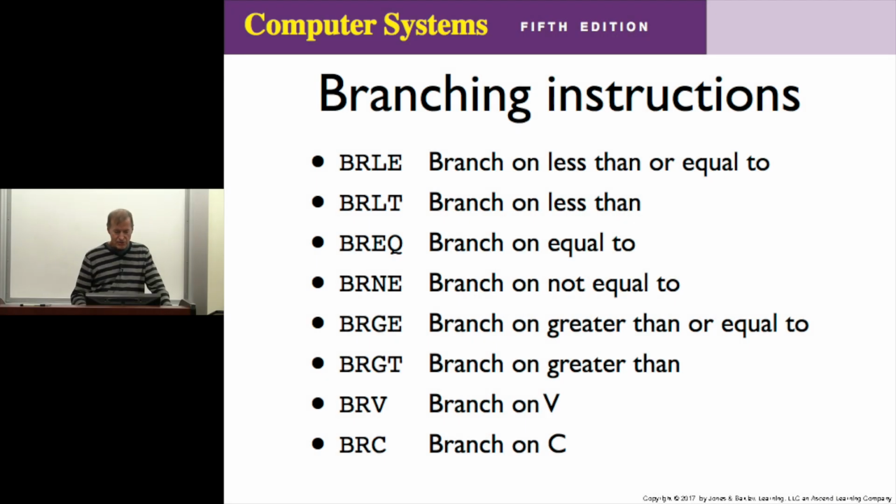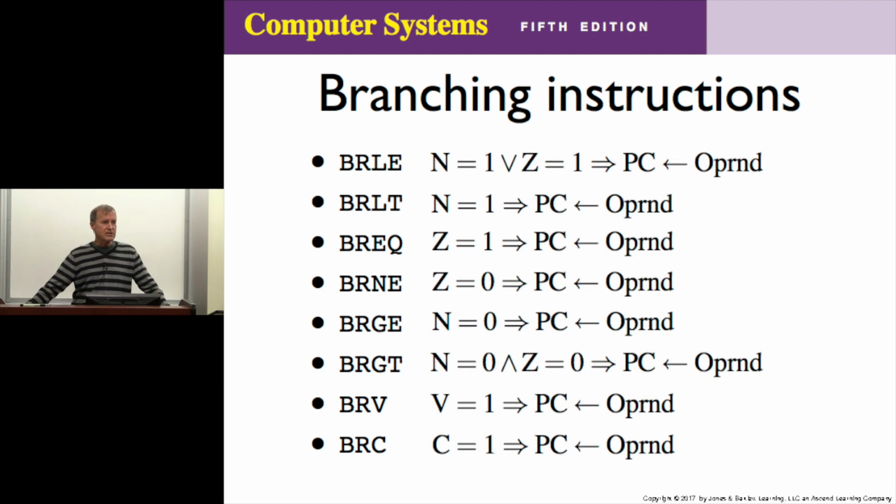Okay, so this is how these branch conditions work in English. The next slide shows literally how the hardware implements these. The way the hardware implements these is it checks the N bit and the Z bit. Now, what does this mean? This means that in order to use this instruction, there must have been a previous assembly language instruction that set the N bit and the Z bit accordingly.